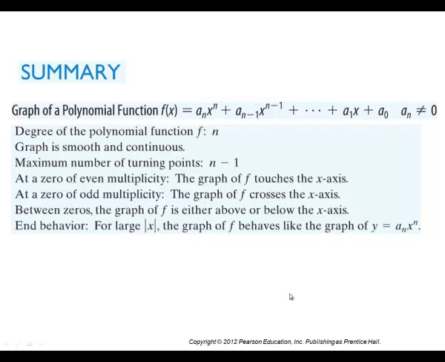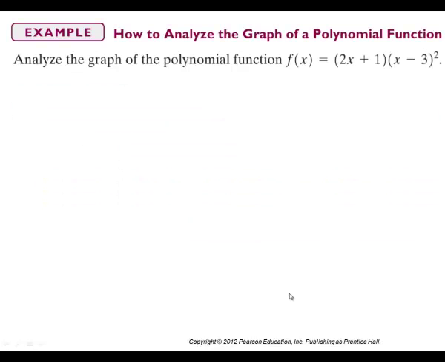The end behavior is going to be like basically either x squared or x cubed, depending, and for your end behavior you look at the leading term. Alright, so here we could say that 2x plus 1 has an odd multiplicity, so that one's going to go through that point.